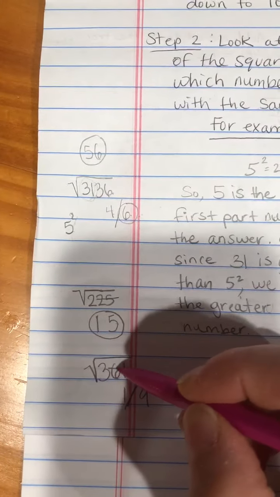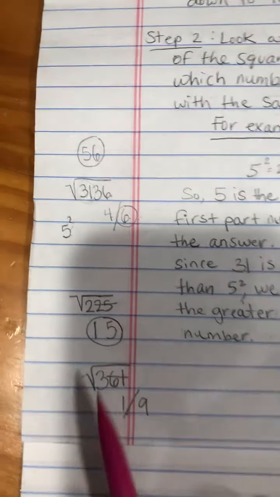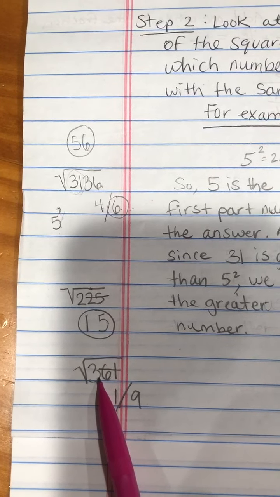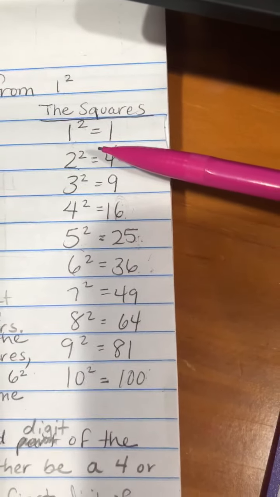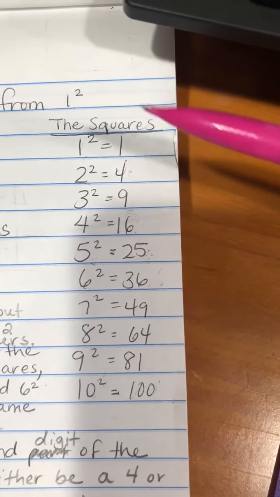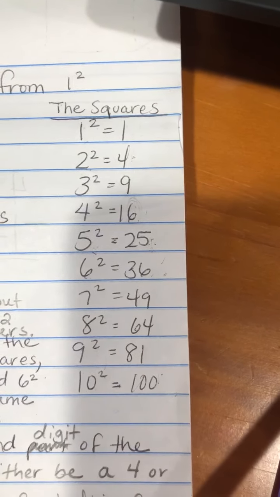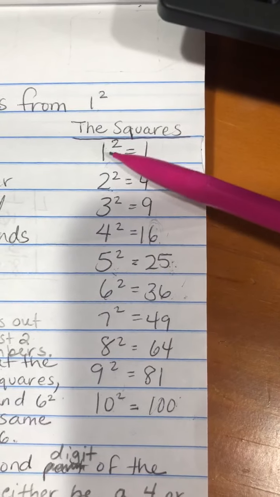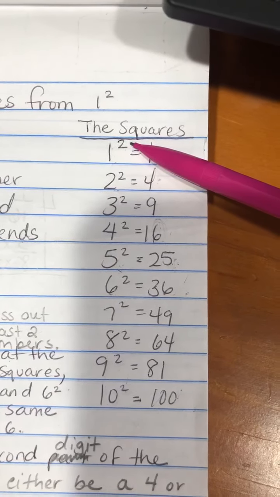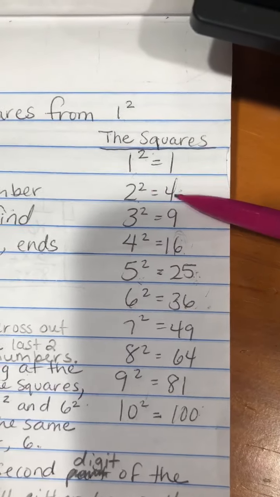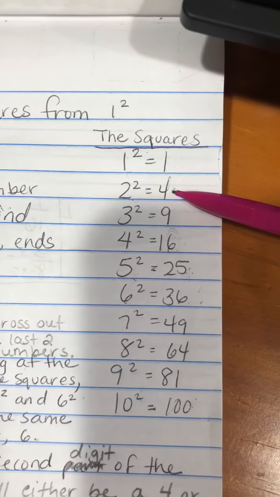Now cross out the last 2. I'm left with 3. I go back to the squares list and ask which number squared is 3 or less. Again, the only answer here is 1 squared, because 2 squared is more than 3. I can't use it.